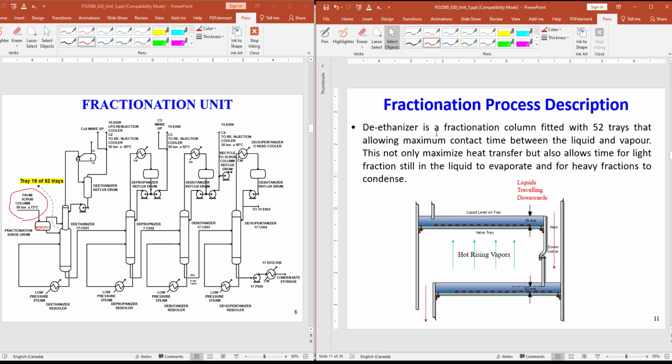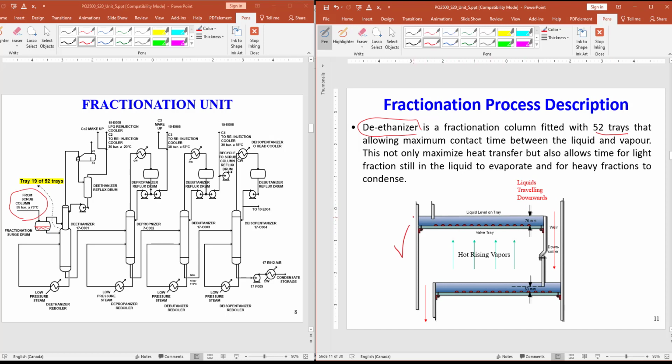This distillation column is a fractionation column with 52 trays. This is the De-ethanizer. We use trays to maximize the contact between liquid and vapor. We already talked about this in PO 2410, when we had a complete, long unit all about distillation columns, showing how liquid and vapor are in contact with each other.